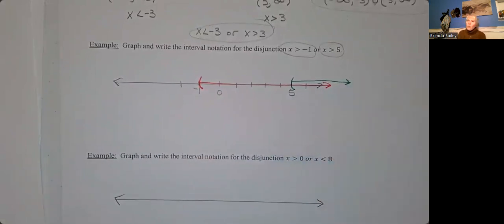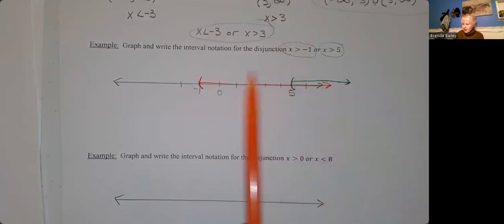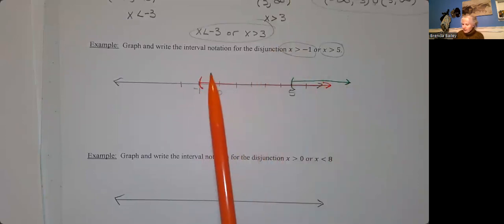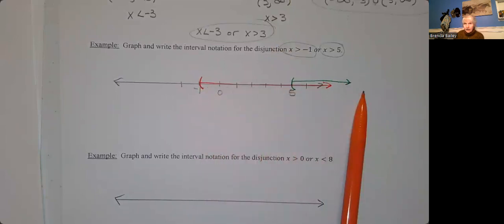If this had said find the conjunction, this would be our answer, 5 to infinity. But that's not what we want. We want a disjunction, so we're just going to combine them, taking the largest one. We go from negative 1 to infinity as our solution.